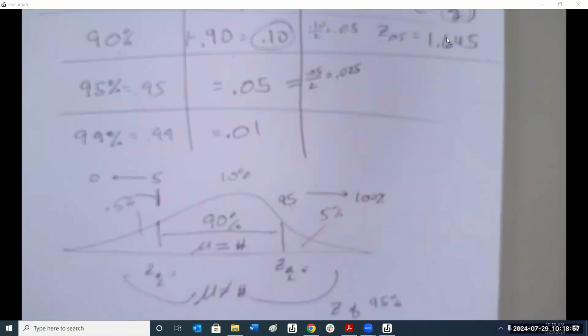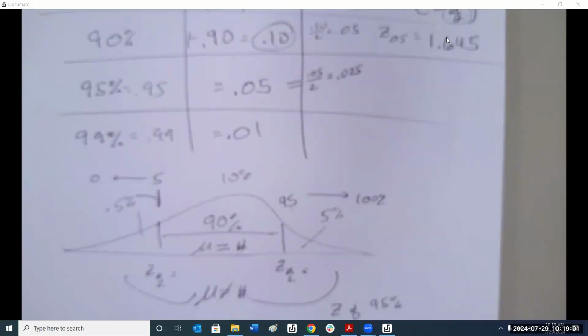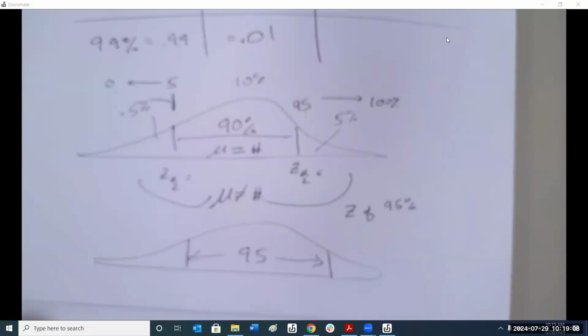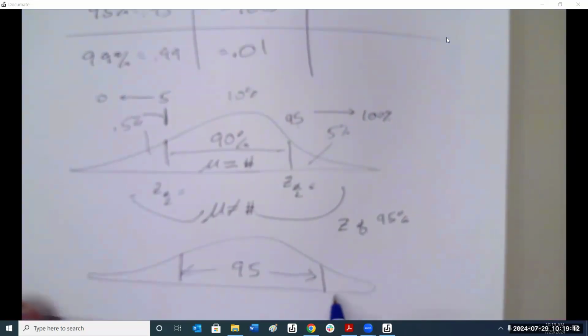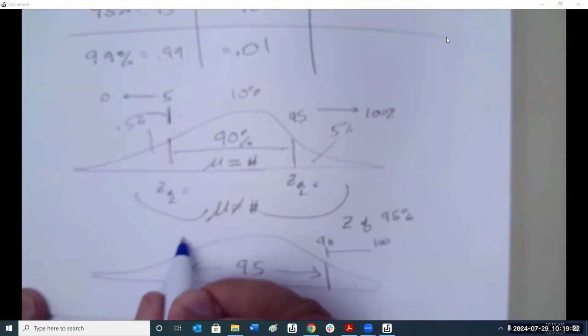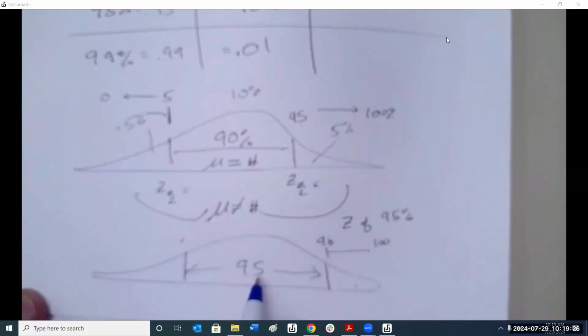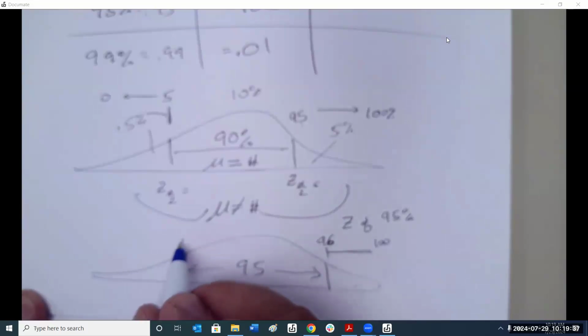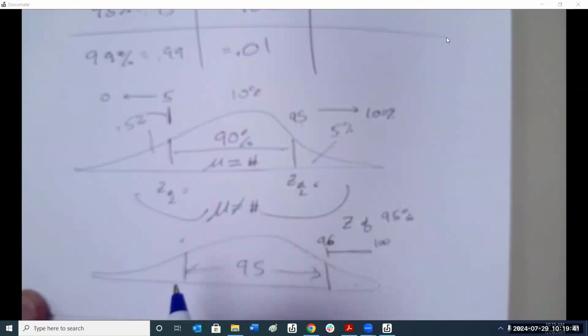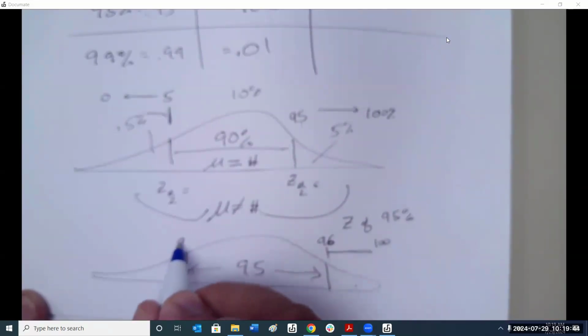What that means is that 95% of our data falls within this, so these tails together are 5%. Each one is 2.5 to 0.